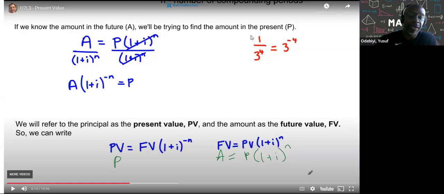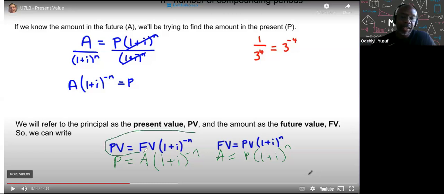We're trying to find present value, and then you need to know your future amount and 1 plus I to the negative n. Since we're talking about present value, we don't use these variables here. You could, but what we're using now is PV and FV. But remember, they mean the same.